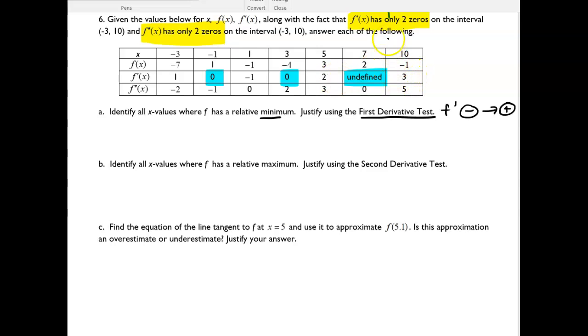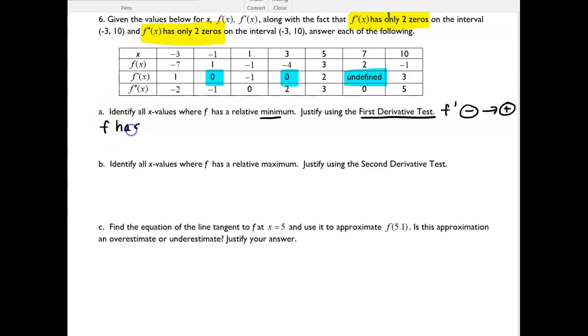And because I know that those are the only 2 zeros, I know that I'm not crossing the x-axis somewhere in between, so I know it's not negative. Otherwise, this could have gone down like 2 and then -1 up to 3, something like that.